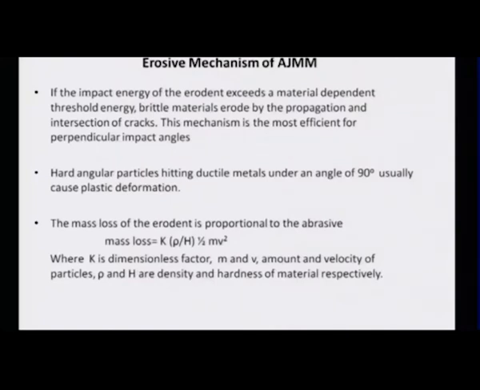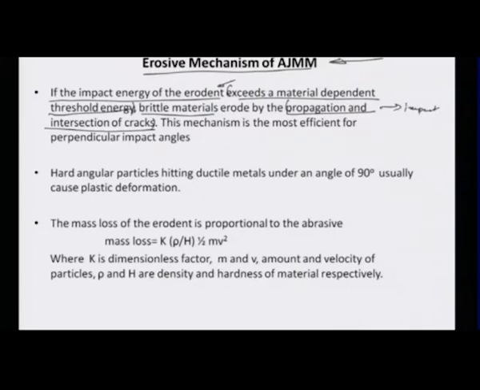So let us look into some other aspects of the erosive mechanism of this AJMM process. If the impact energy of the erodent exceeds the material dependent threshold energy, particularly for brittle materials, there is a propagation and intersection of cracks which come because of this impact onto the surface of the material.